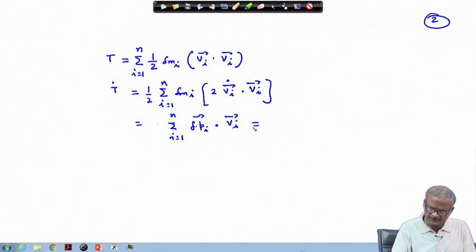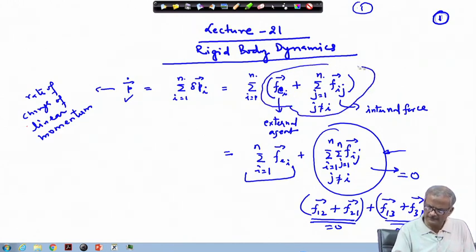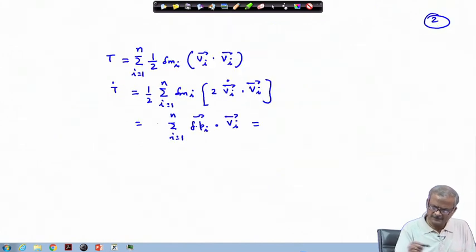Now, delta P_i dot we can fetch from the previous part, from this place. This is the internal part, this is your delta P_i dot. So, we can take it and insert it here.